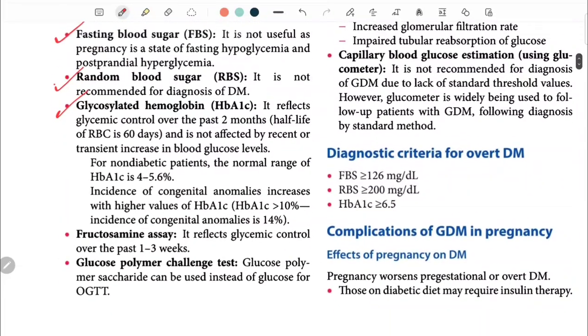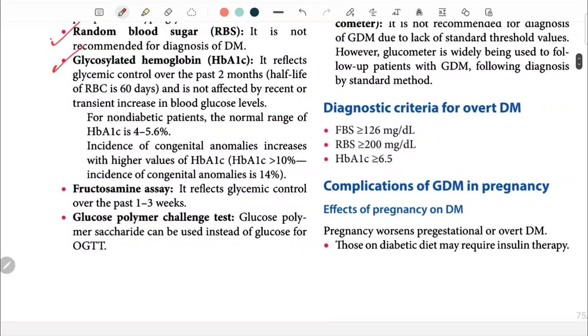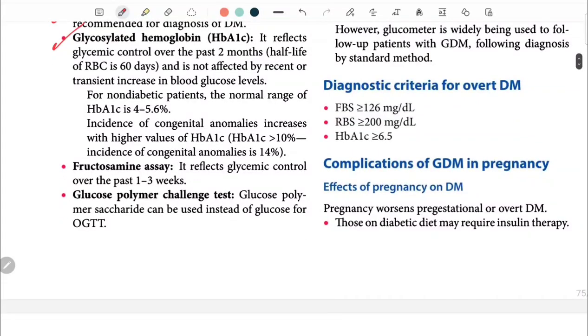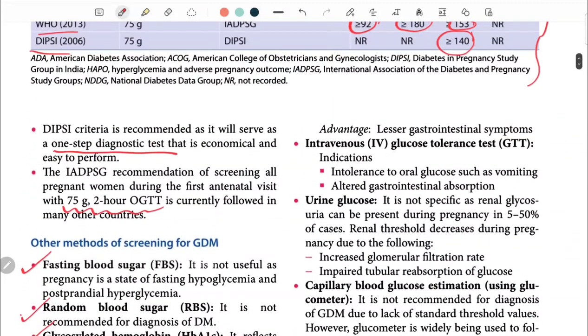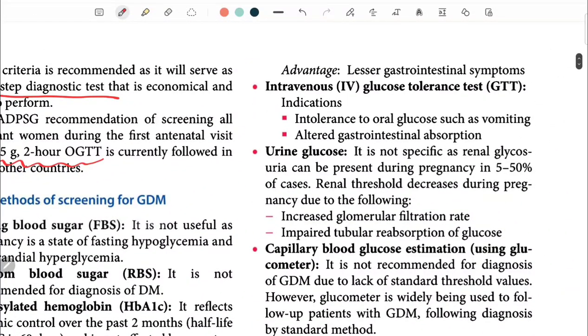So fasting blood sugar, random blood sugar, and glycosylated hemoglobin. Fructosamine assay, glucose polymer challenge test. Advantage: lesser gastrointestinal symptoms. Then the intravenous glucose tolerance test, used in intolerance to oral glucose such as vomiting or altered gastrointestinal absorption.